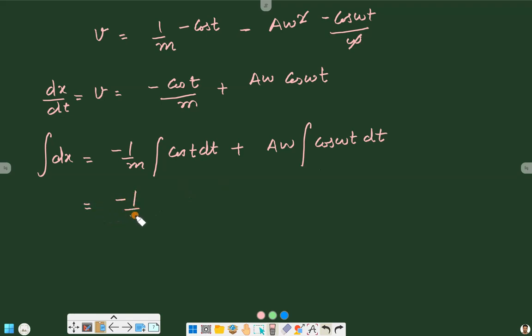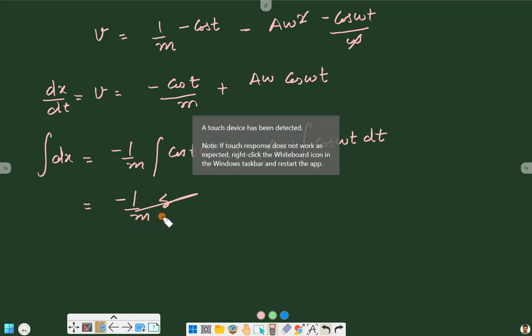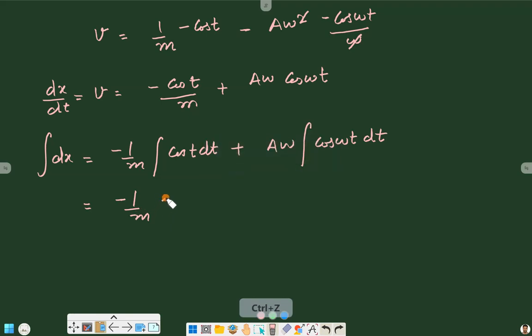So minus 1 by m sine t, and here we have x plus a omega. Integral of this will be sine omega t by omega.